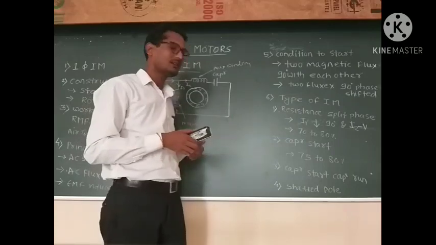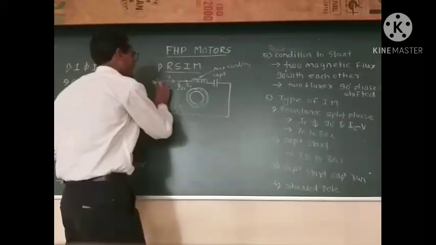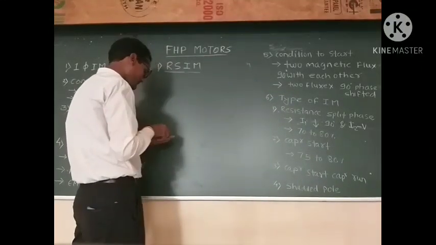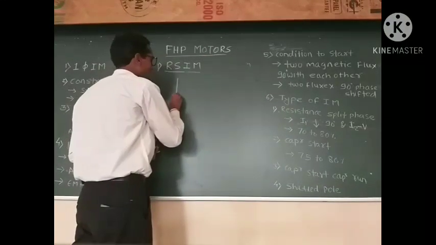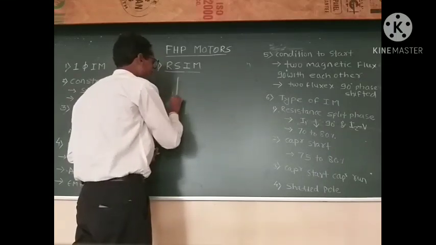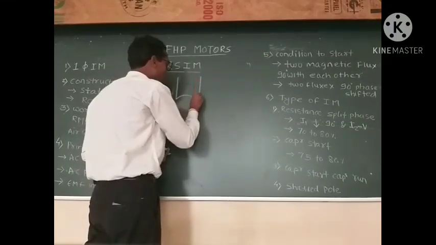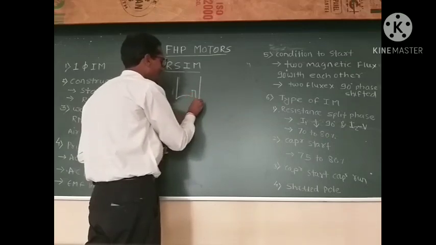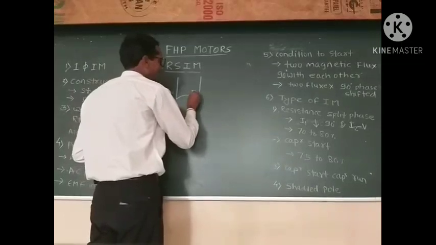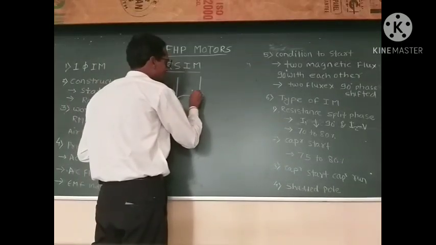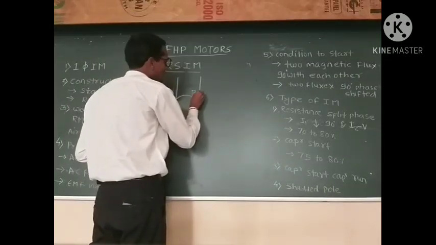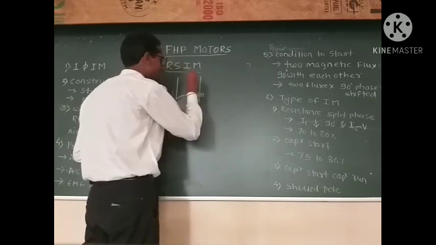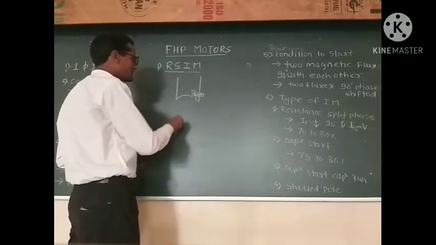And the last one is the shaded pole induction motor. What happens in the case of the shaded pole induction motor? In the shaded pole induction motor, we have to split the pole. The pole of the stator winding is like that, and we do a bending of the split pole by copper shading.